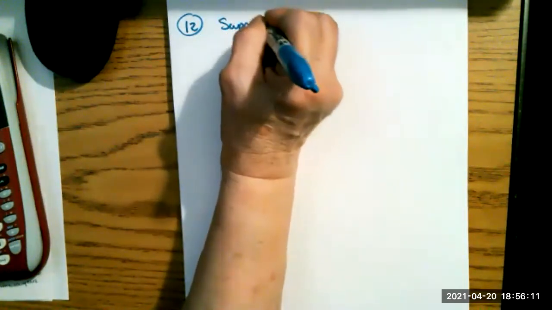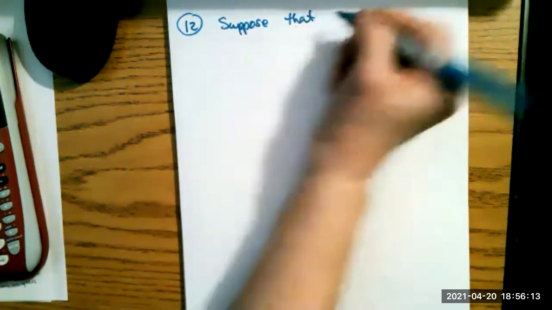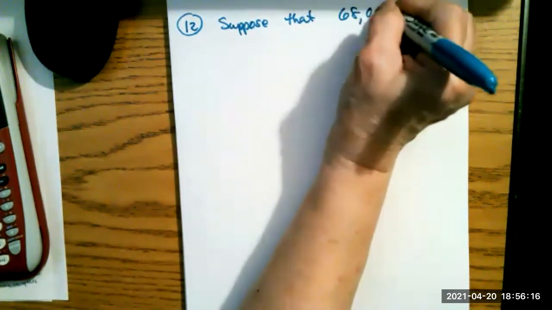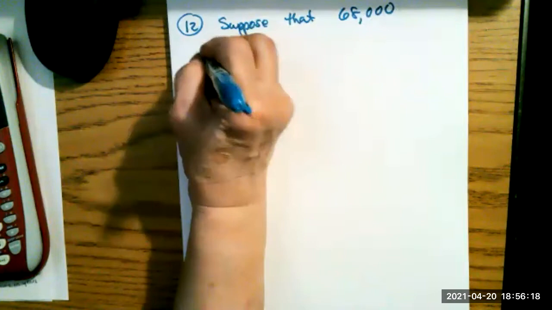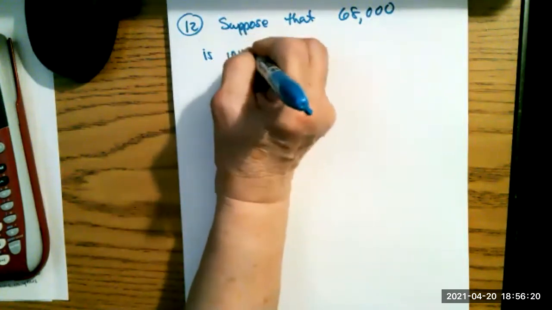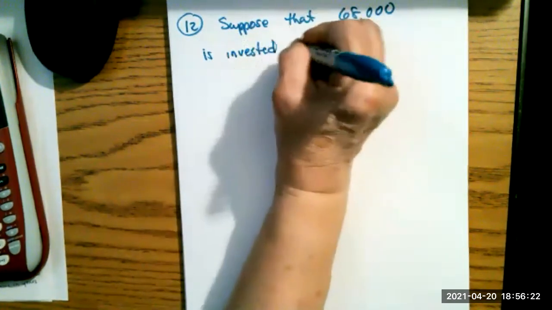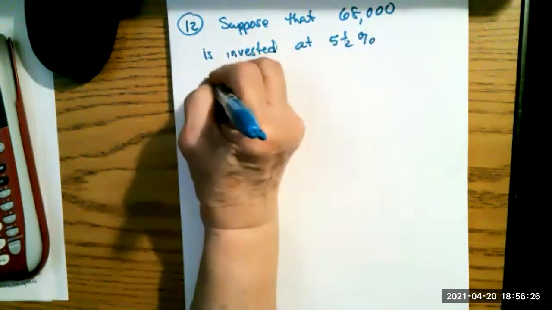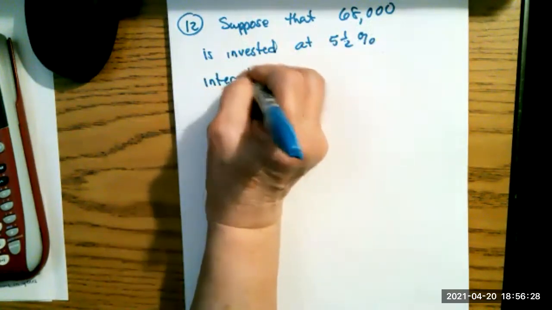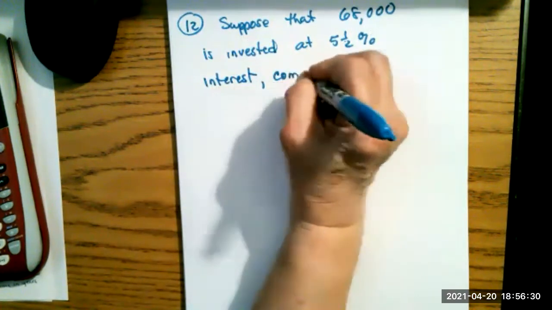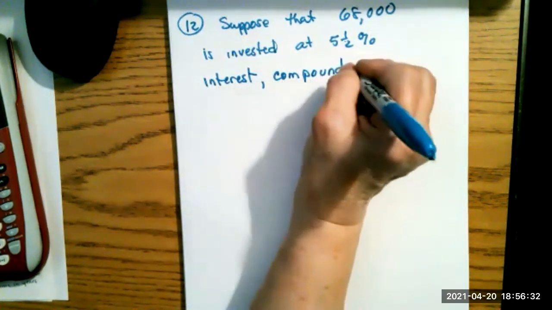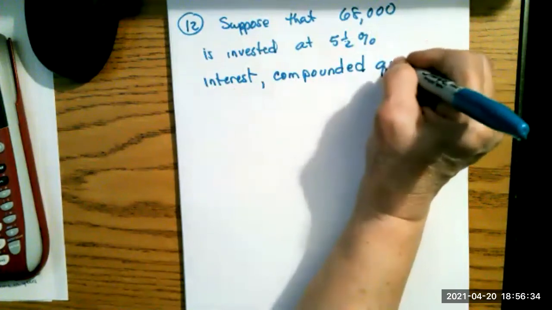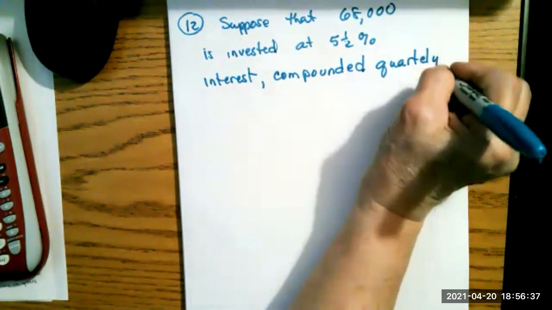It says, suppose that $68,000 is invested at 5.5% interest, compounded quarterly.